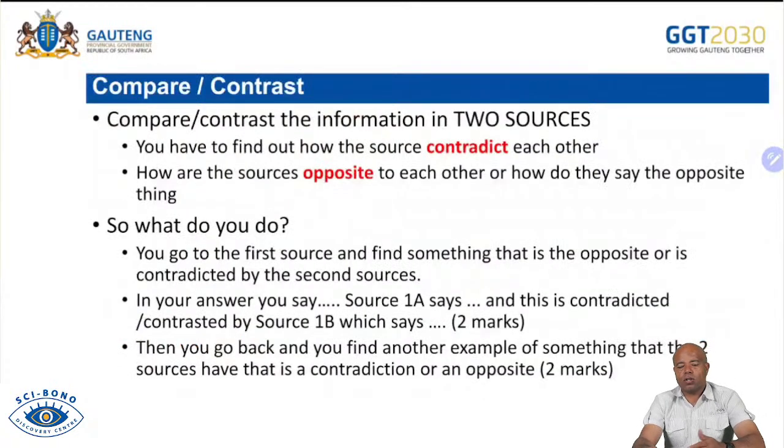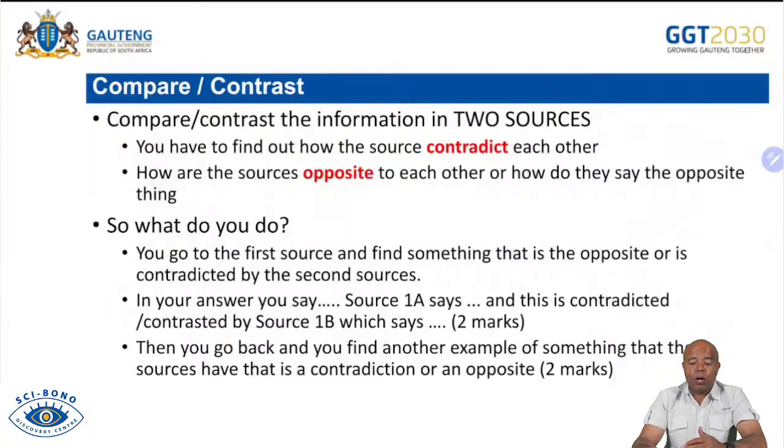Now let's go to contrast. What is contrast? Contrast means what is contradicting, what is opposite to each other, and how are they opposing each other, basically. The same way we answer support and compare, we answer the same way. So this is what you need to say.